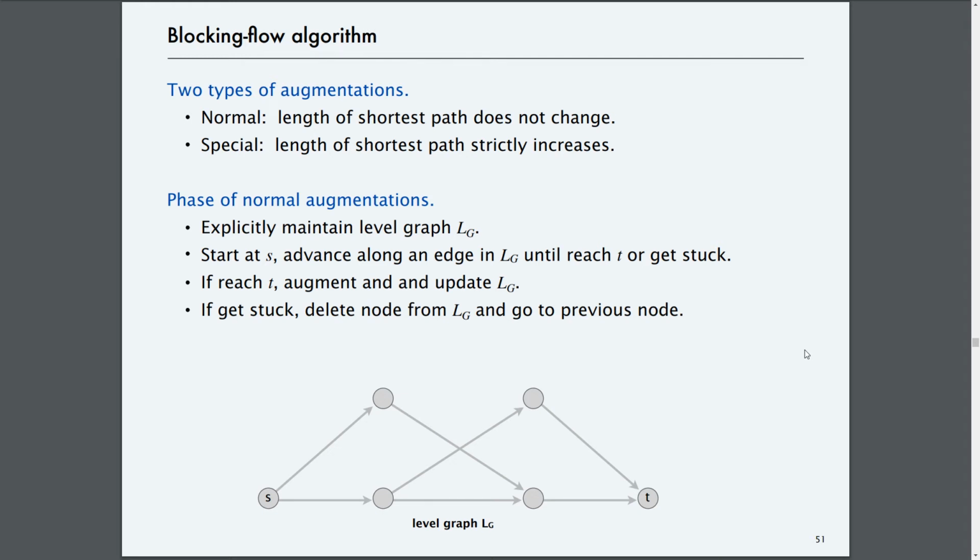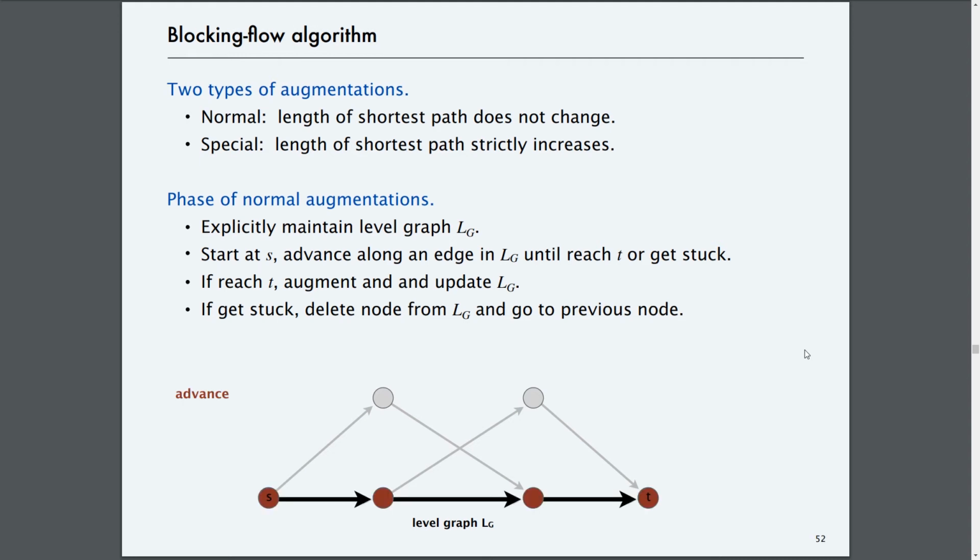If we reach the sink T, then we just update the level graph after augmenting the path that we have. If we get stuck, we delete the node from the level graph and go to the previous node, so we don't need this node anymore.